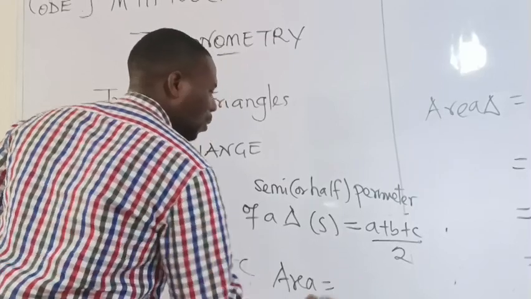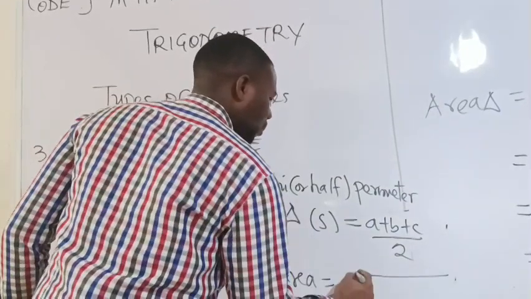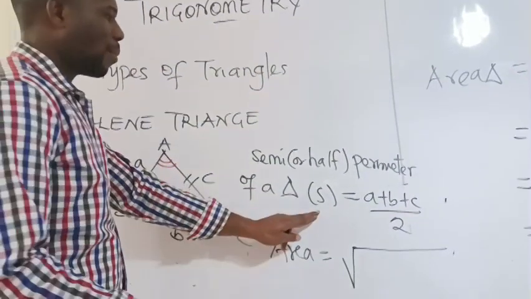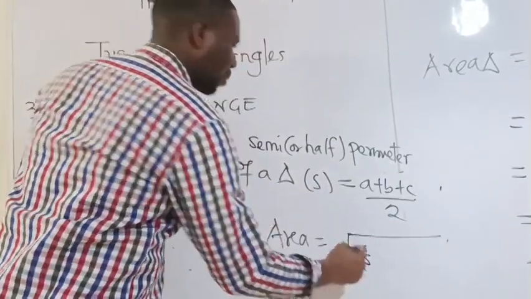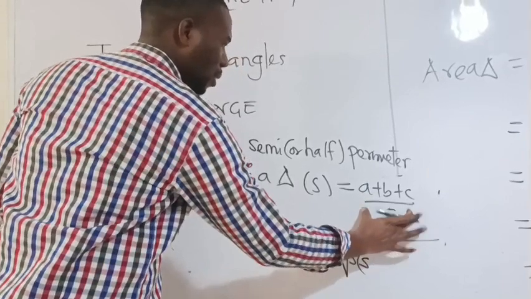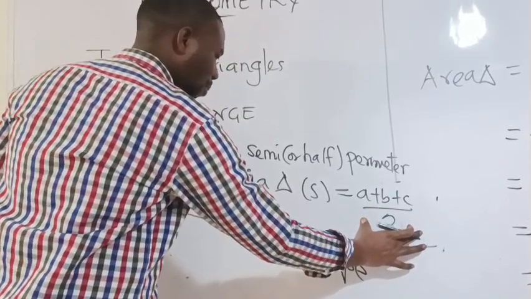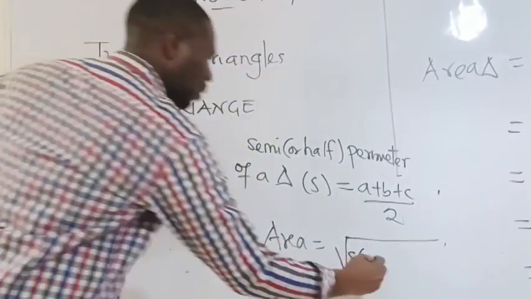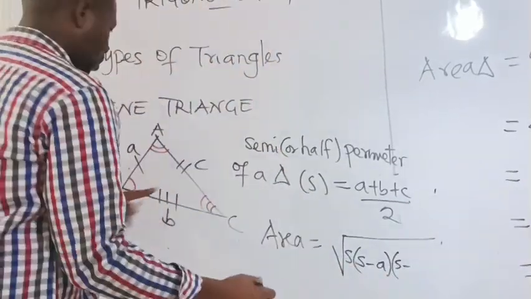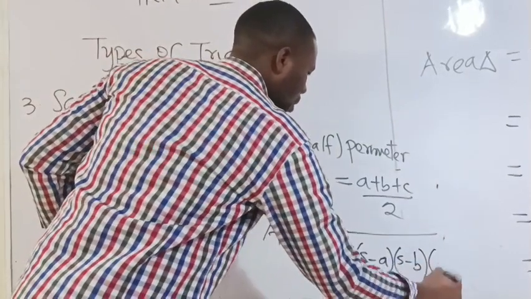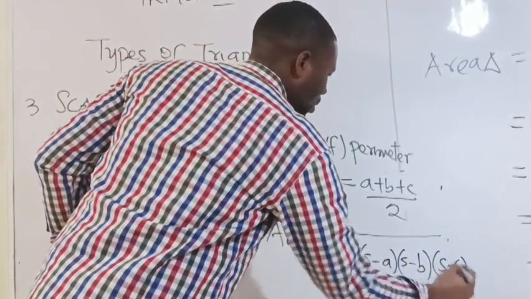Right? Then to really get what the area of this scaling triangle would be now, the area becomes, okay, the square root of the semi-perimeter, that is S, okay, into brackets, what this value is of the semi-perimeter or half the perimeter minus the first side A, okay, the semi-perimeter minus the second side B, and the semi-perimeter minus the third side C, okay?